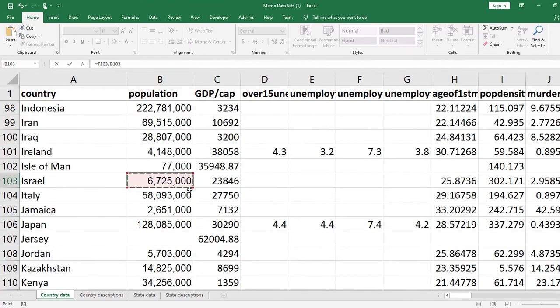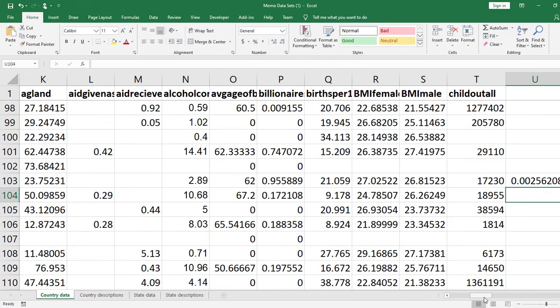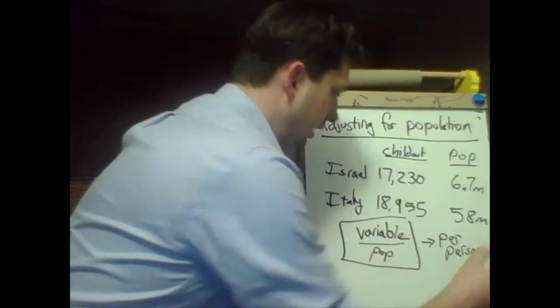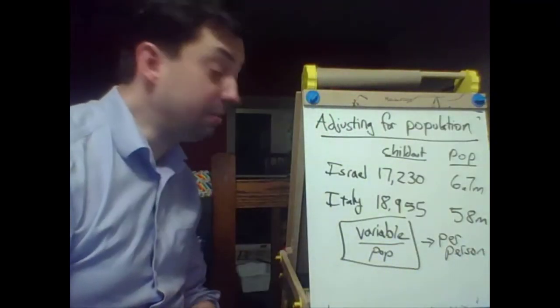By the way, I have this population column. I'm not saying this is a good variable to use for your analysis. I'm saying this is a good variable to have to make adjustments for other variables. Now we have the total number of kids out of school per person. That's what you do when you adjust for population this way.